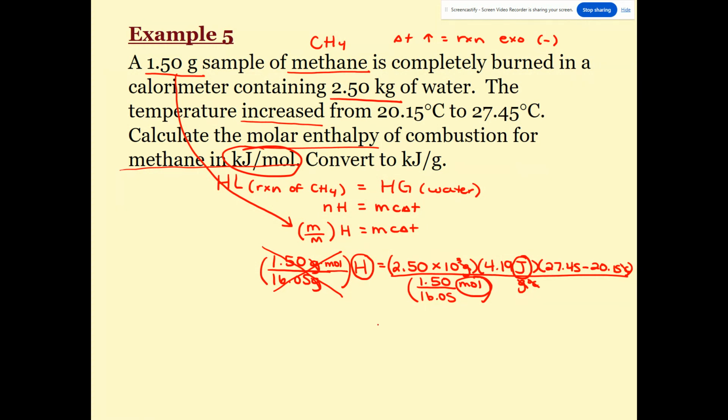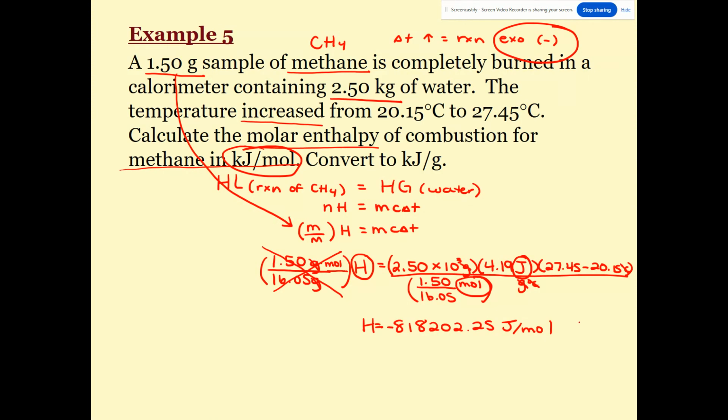We get an answer for our H of 818,202.25 joules per mole. Now, I'm going to put a negative in front of that answer because, as we established at the beginning, this is an exothermic reaction.